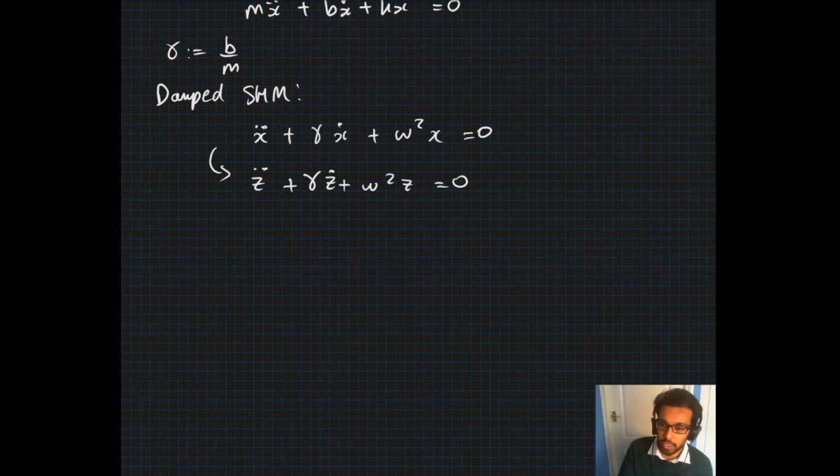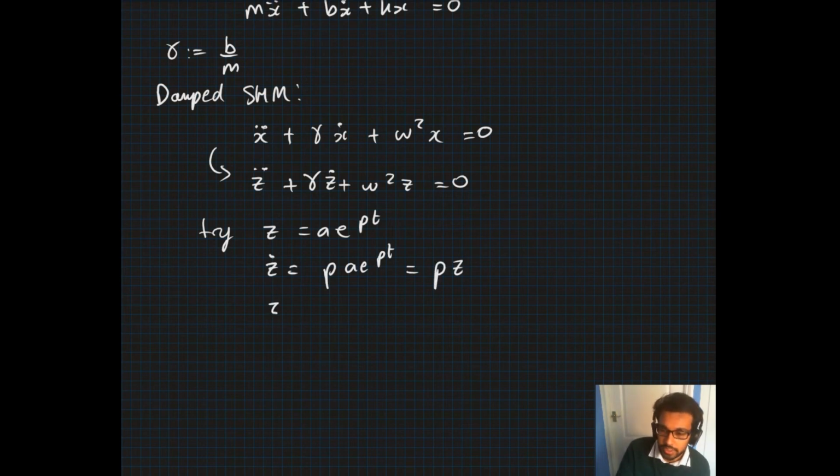And then we can try z equals A e to the pt for some constants A and p. Now we can find the derivative of this to try and sub it back in there and see what we get for A and p. So we get z dot equals pA e to the pt, which is just equal to pz.